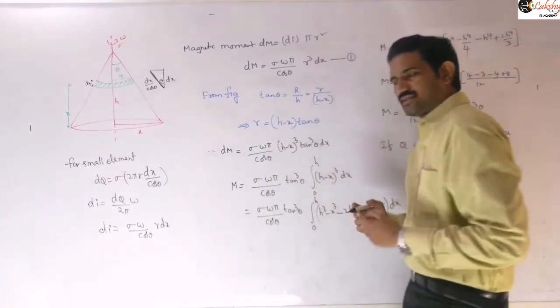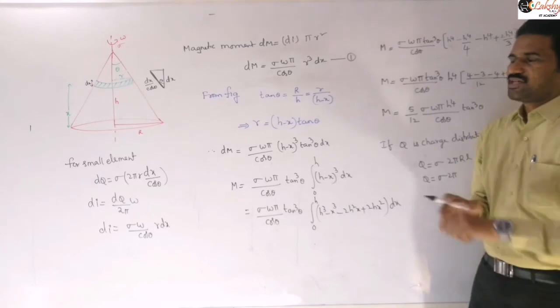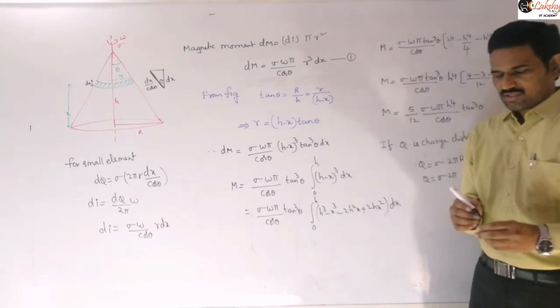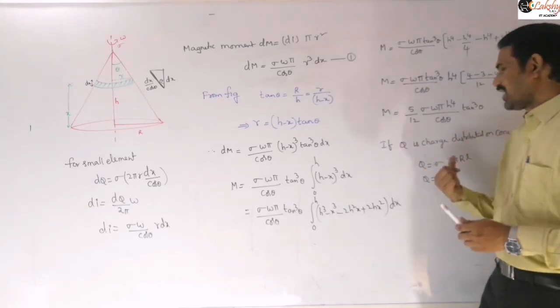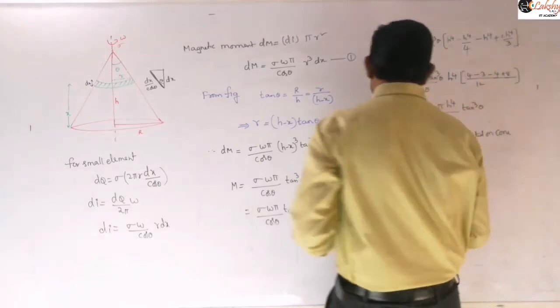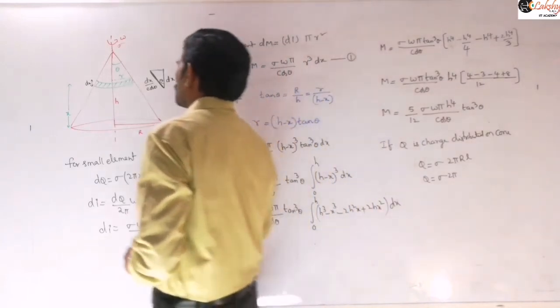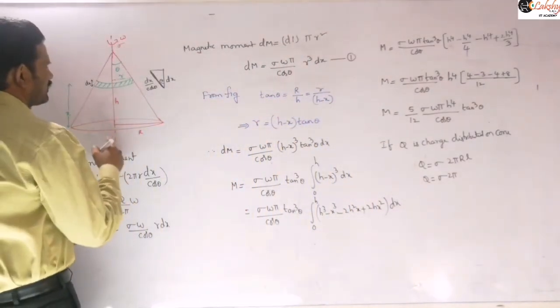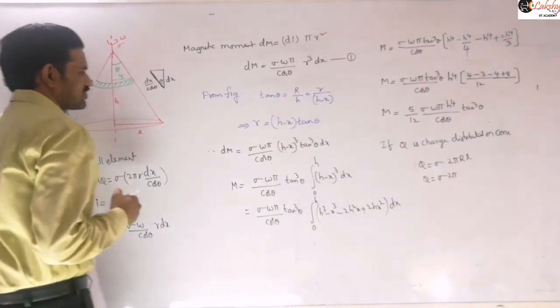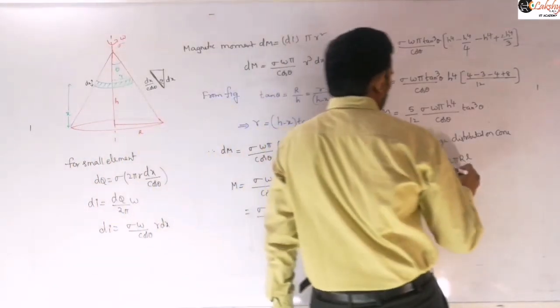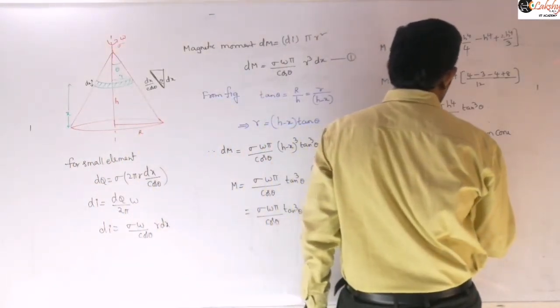Let us convert this expression in terms of this H and theta value. So then this R value we can write as H tan theta. Sorry, tan theta is equal to H by R, so R is H by tan theta.